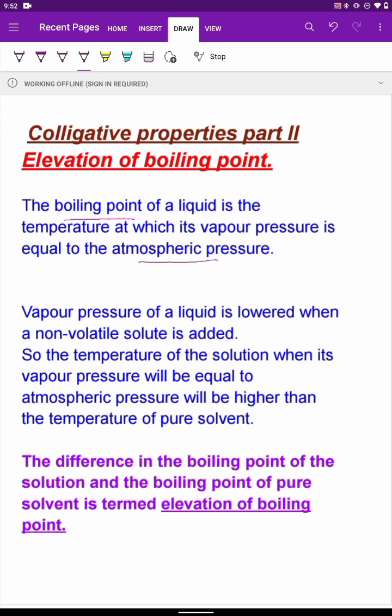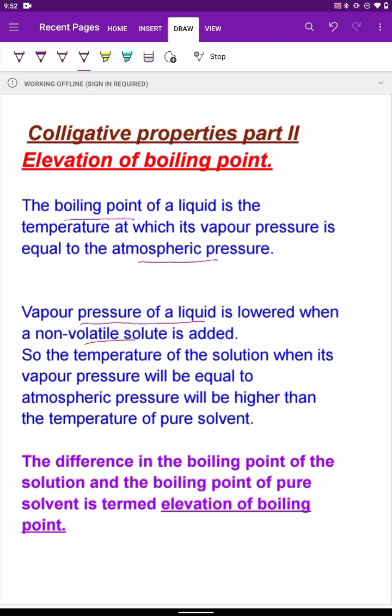Now if we make a solution in such a way that a non-volatile solute is added to the solvent, then there will be lowering of the vapor pressure. For any liquid, the vapor pressure is lowered when a non-volatile solute is added. So when the vapor pressure is lowered, what will happen?